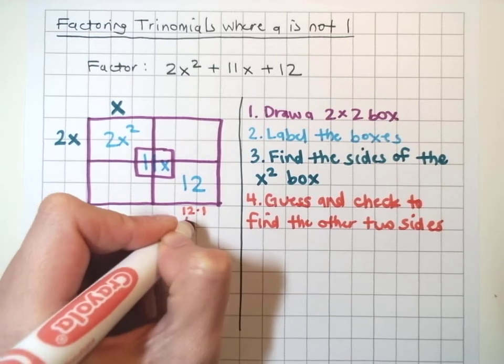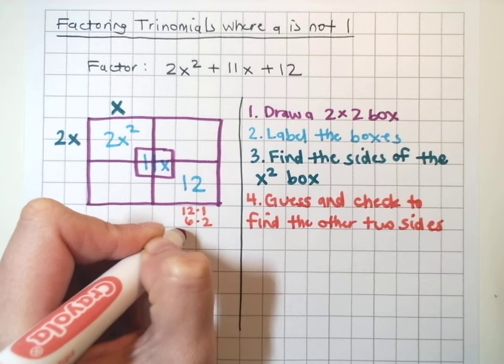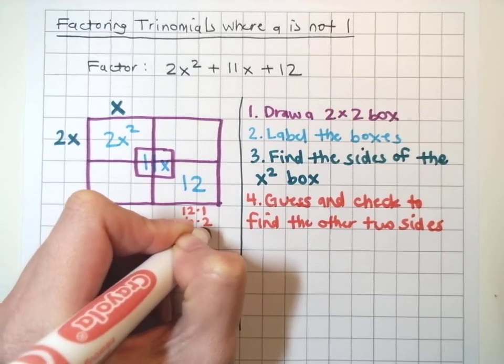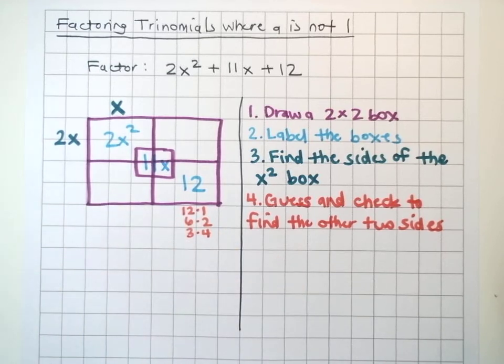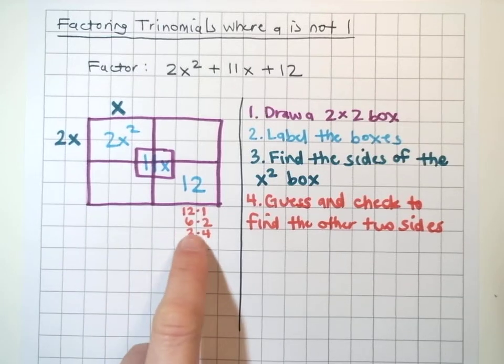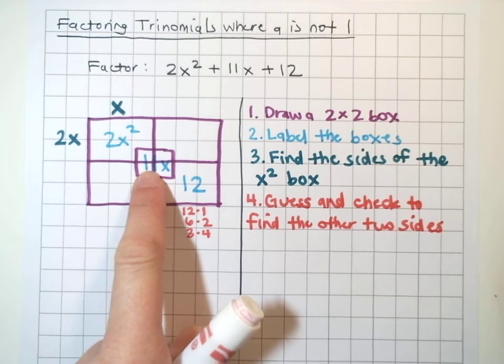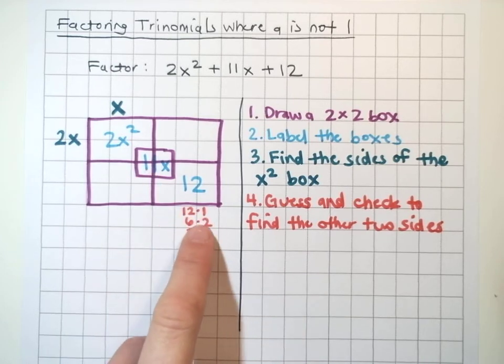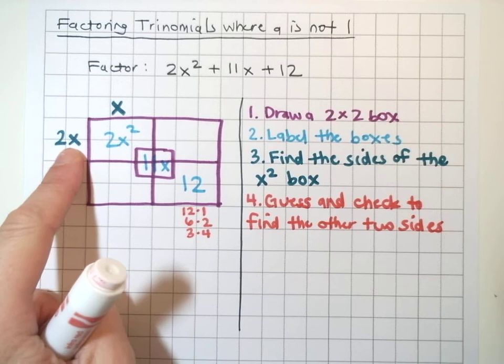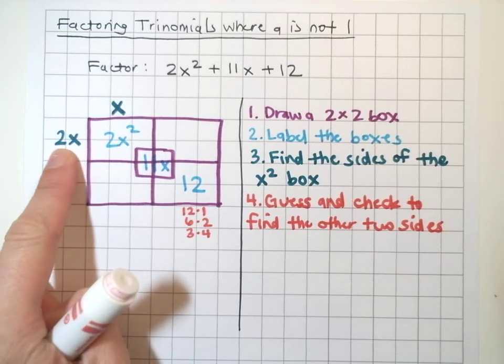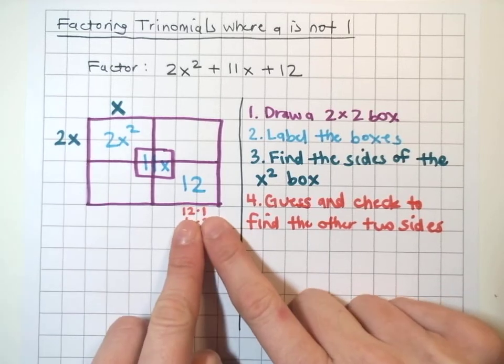It could be 6 and 2. It could be 3 and 4. I think that's it. And you'll notice none of them add to 11x. That's because one of them is going to have to get multiplied by a 2. So here's where the guessing and checking comes in.